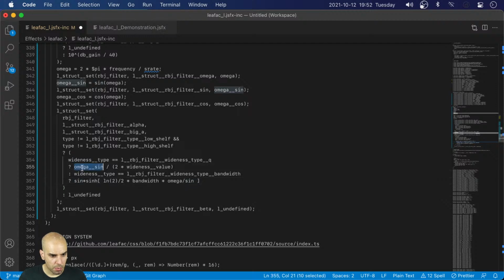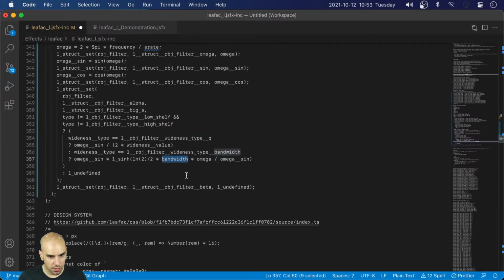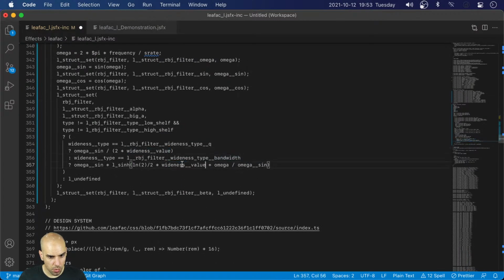And this is omega sin, and this is the hyperbolic sine function. So that does not come with REAPER, we'll have to implement that guy. And this is not bandwidth, this is my value. So it will be similar to this, the wideness value.